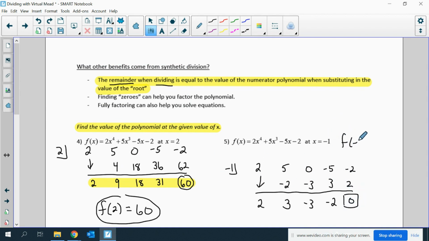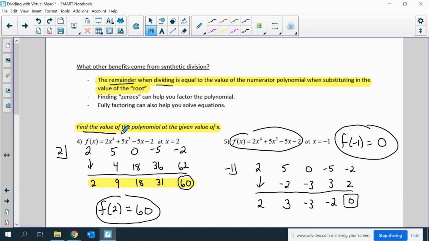So f of negative 1 here, if I plugged in negative 1, I'd get 0. So if I ask a different question, I can actually use synthetic division or synthetic substitution for more than just dividing. I can get a value of a function.